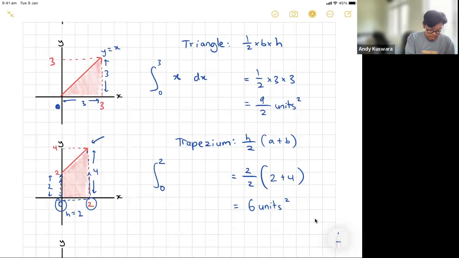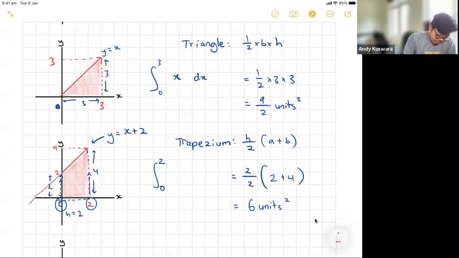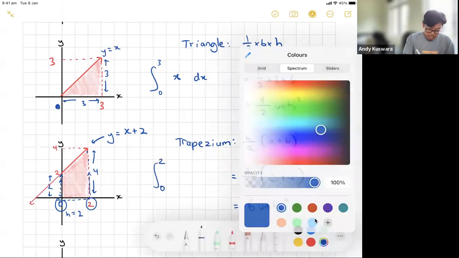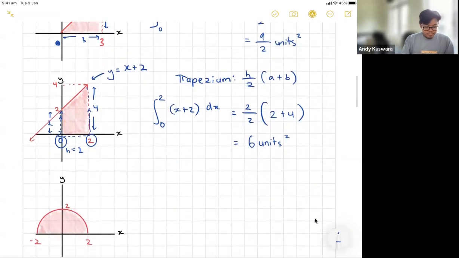This line here gives the equation y equals x plus 2, because I have a y-intercept of 2 and a gradient of 1. So that's what I would write in this little section here, x plus 2, and again, we just write this dx for notation.